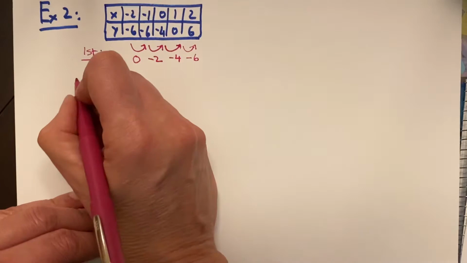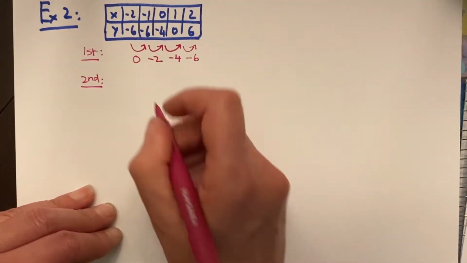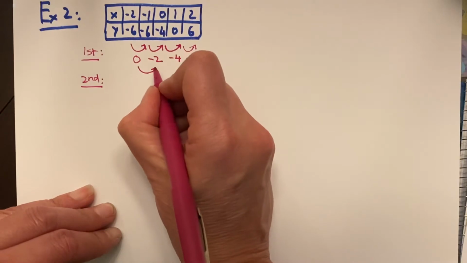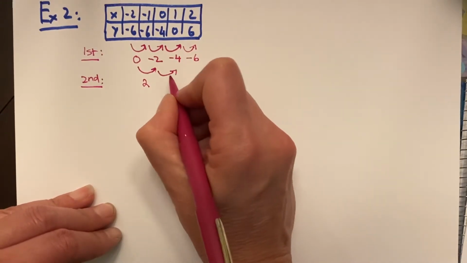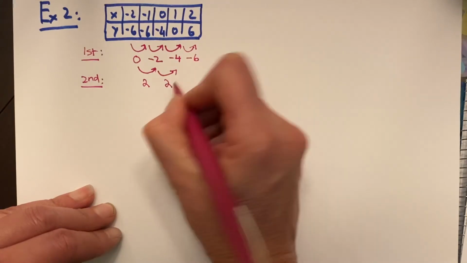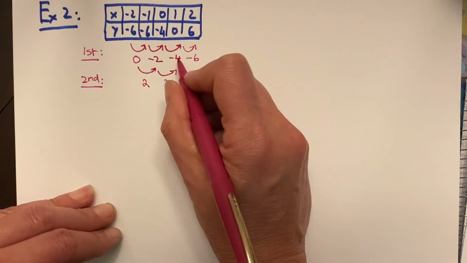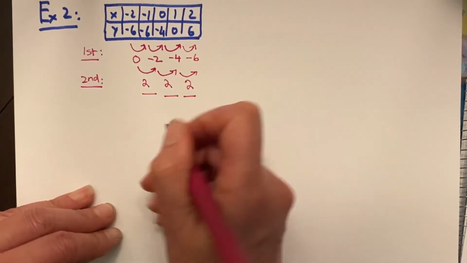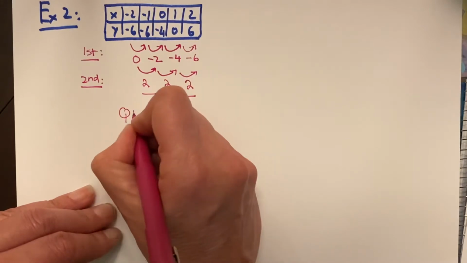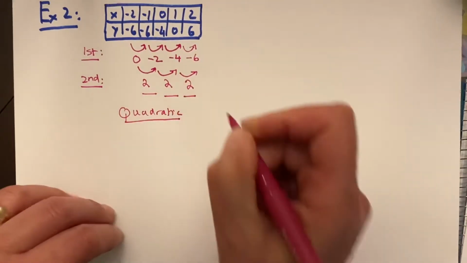So this is our first differences, but you can never tell with a quadratic unless you get to the second differences. 0 minus -2 is +2. -2 minus -4 is +2. And -4 minus -6 is +2. So based on the second differences, yes, you have a quadratic equation. Okay.